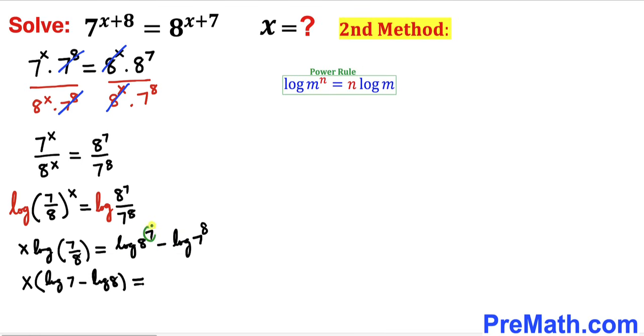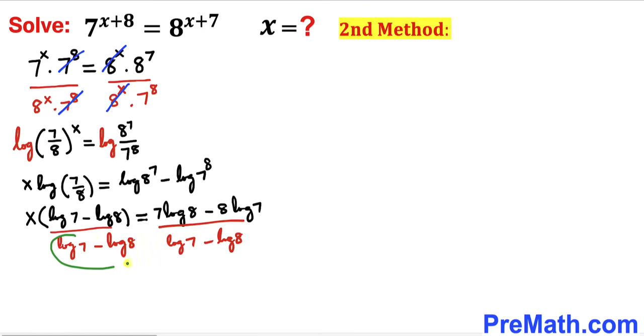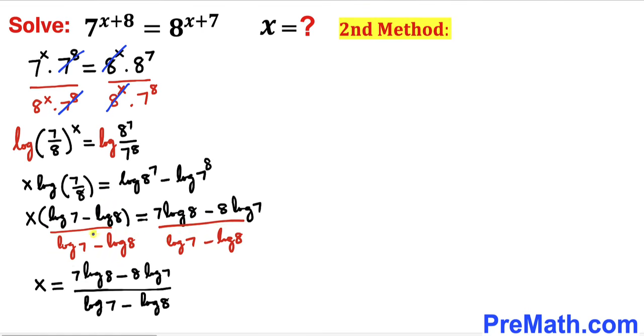In other words, these exponents are going to move to the front, as you can see over here on the right hand side. And now we are going to divide both sides by log of 7 minus log of 8. So therefore we can cancel out these ones. So we end up with the x at the left hand side.